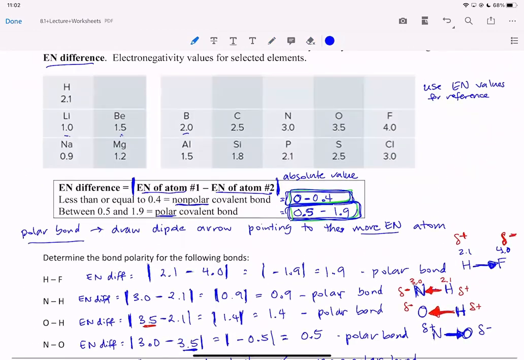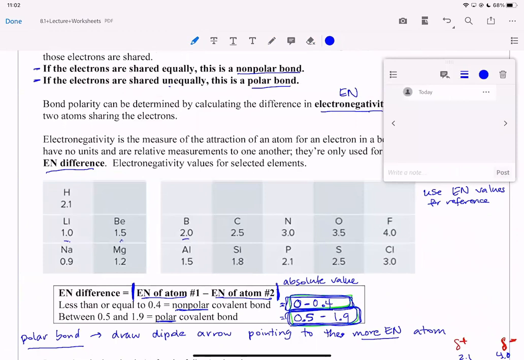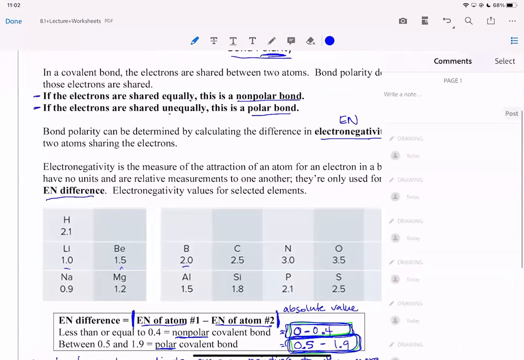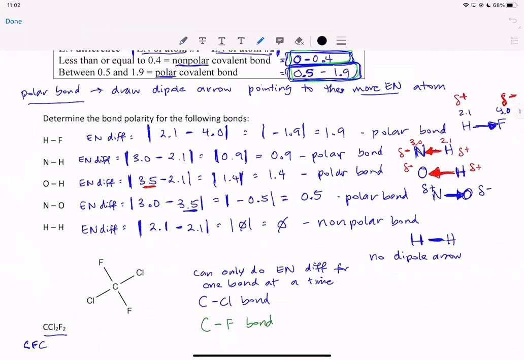So first, the carbon chlorine bond. Moving this up so I can look up what carbon and chlorine are. Carbon is 2.5 and chlorine is 3.0. So the electronegativity difference here of carbon and chlorine is going to work out to 0.5.